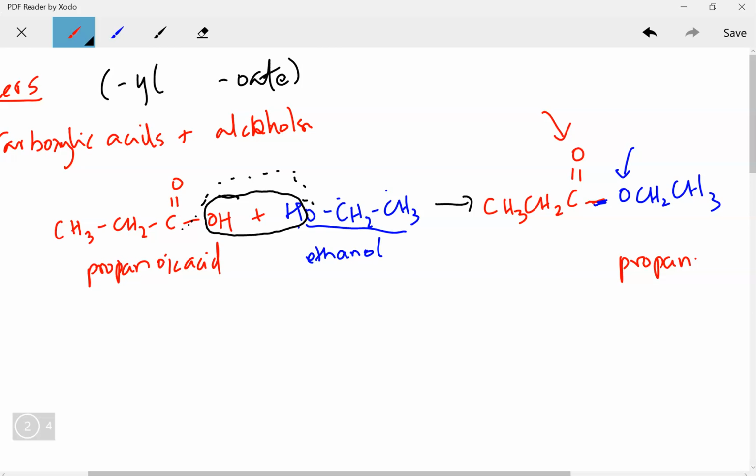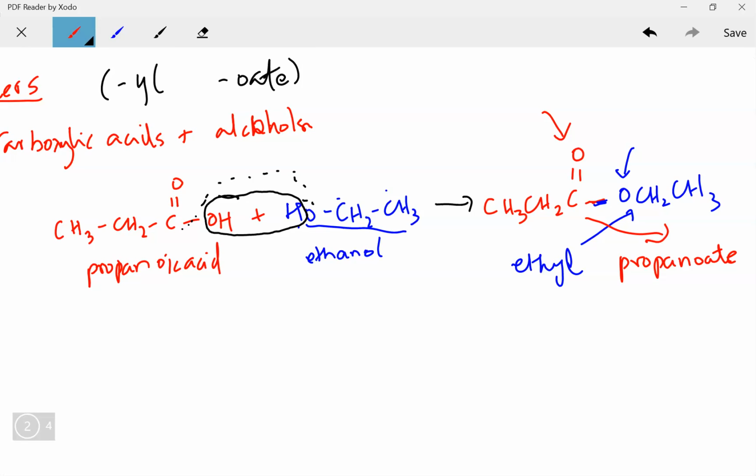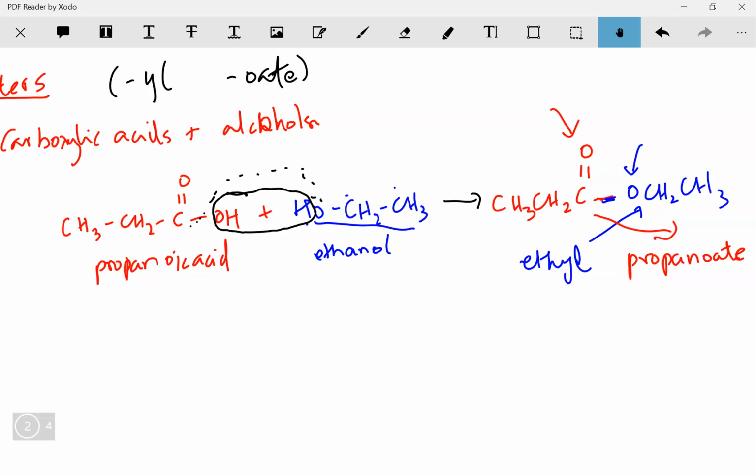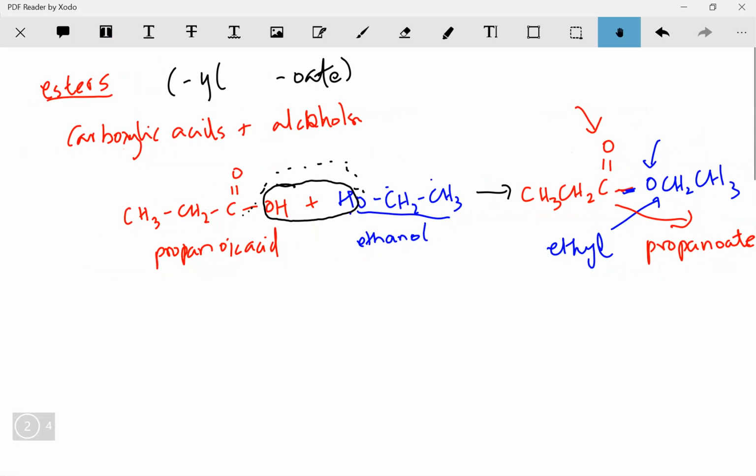Propanoate, signifying that it's from the acid. And then from the alcohol, I have ethyl propanoate. So ethyl, the yl signifying that it came from the alcohol, and the oate meaning that it came from the acid. All right, so this is the naming for an ester. Again, we have to know how to name these things and which alcohol and acid they came from.